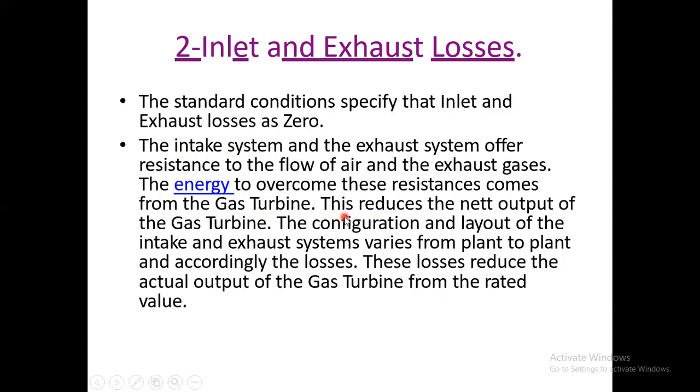This reduces the net output of the gas turbine. The configuration and layout of the intake and exhaust systems vary from plant to plant, and these losses reduce the actual output of the gas turbine from the rated value.